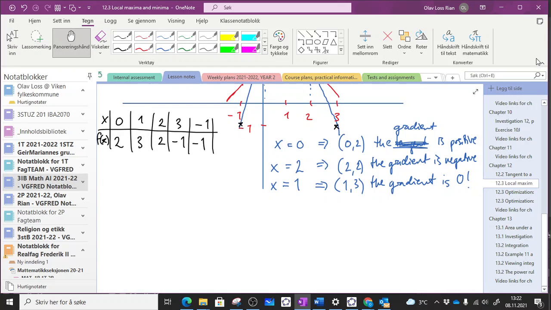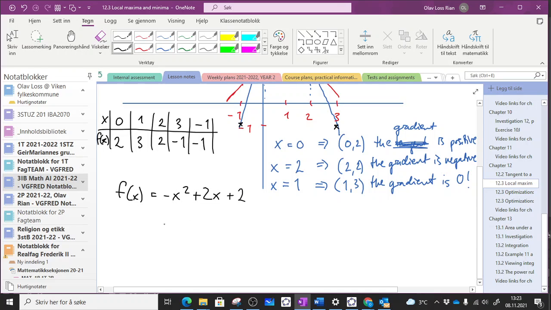So our original function was f of x equal minus x squared plus 2x plus 2. And we want to find the gradient function.